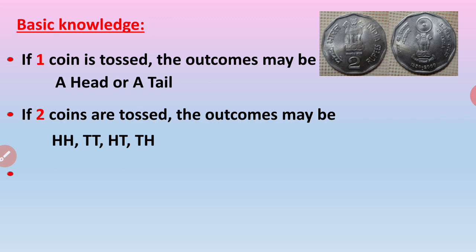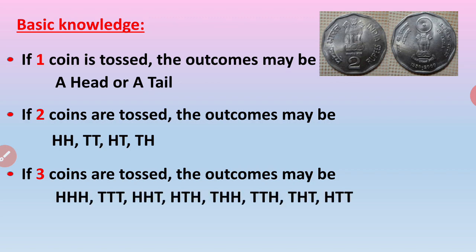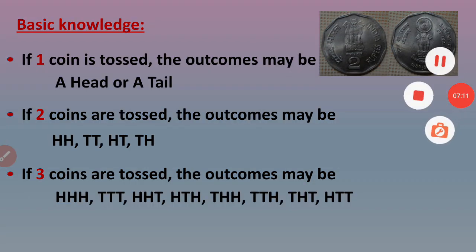So when two coins are tossed, there are 4 possibilities. If 3 coins are tossed, the outcomes may be HHH, TTT, HHT, HTH, THH, TTH, THT, HTT.